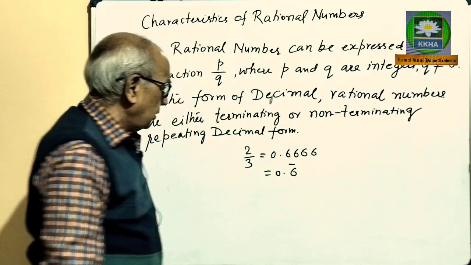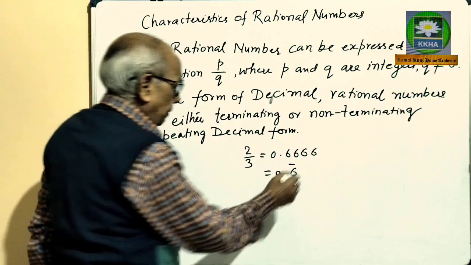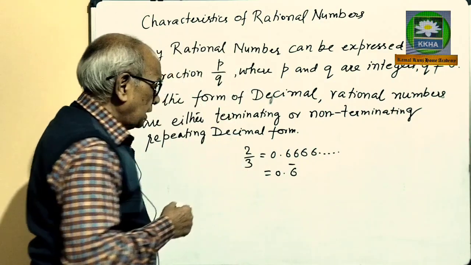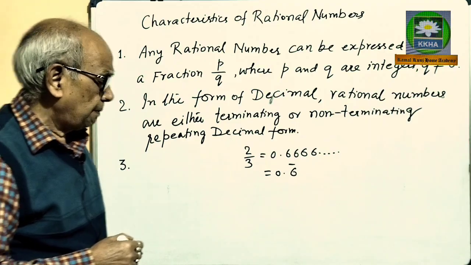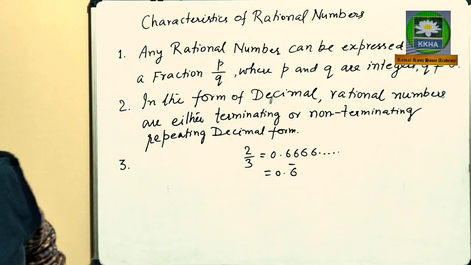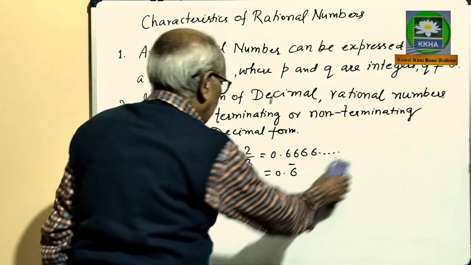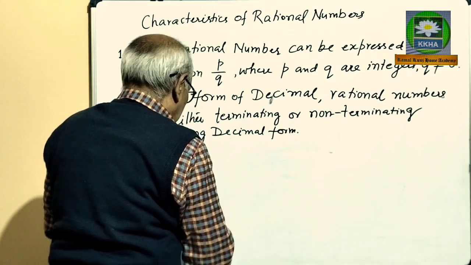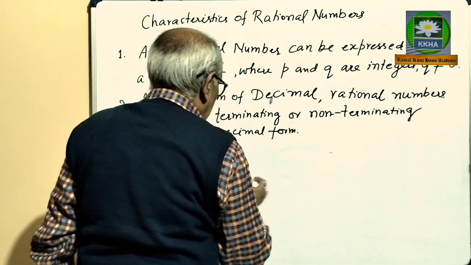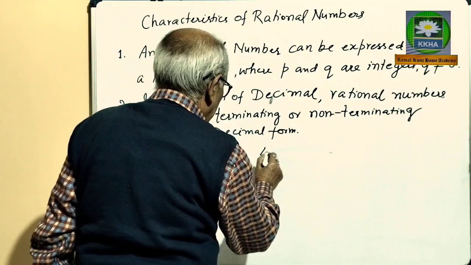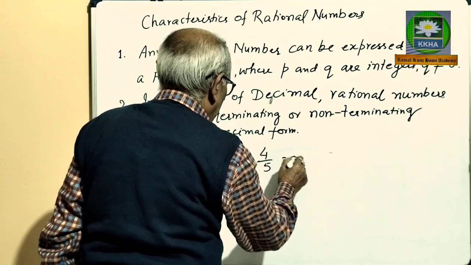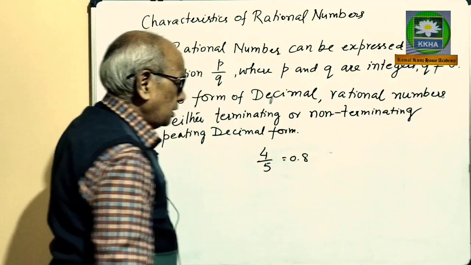This is non-terminating but repeating. This is called a recurring rational number. And terminating: 4/5 is equal to 0.8. This is terminating.